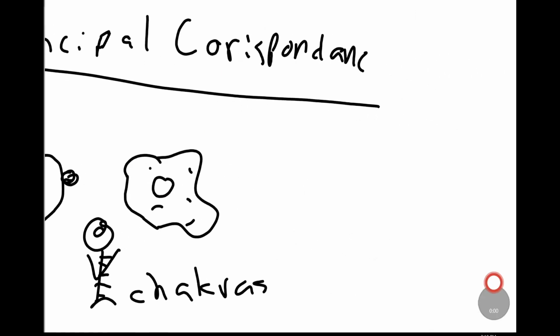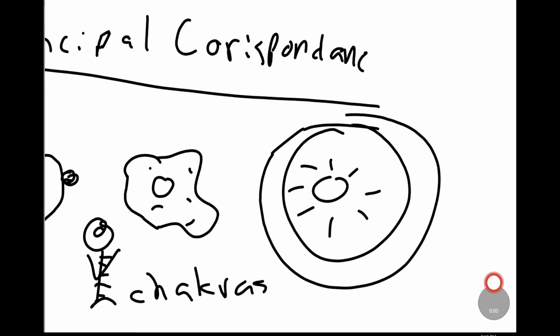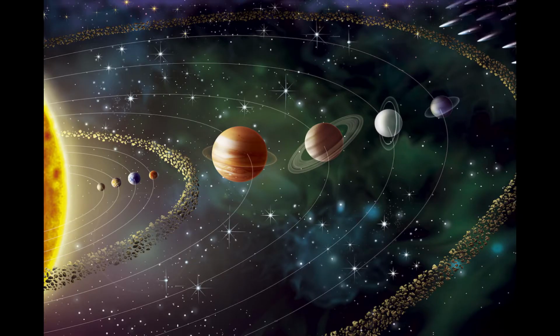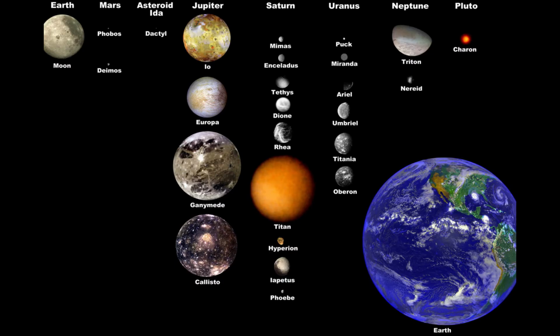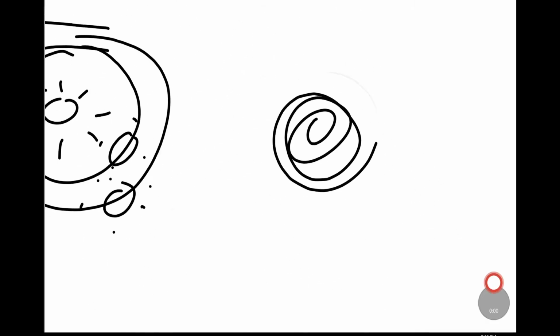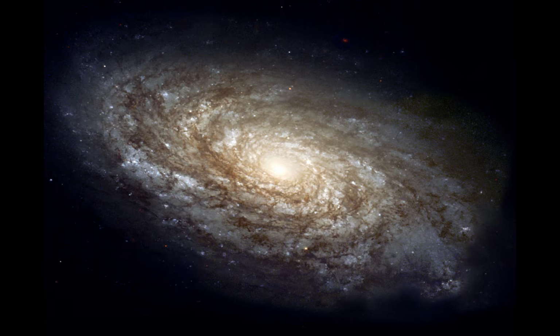And then you might have a solar system. Around the solar system, of course, you have planets, and moons around those planets. And then you might have a spiral galaxy.